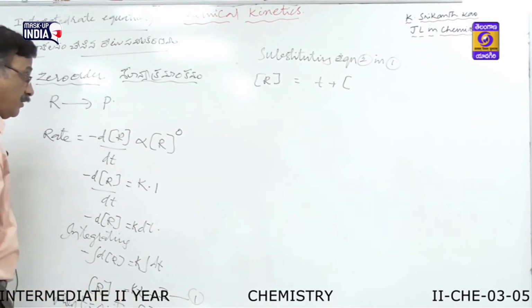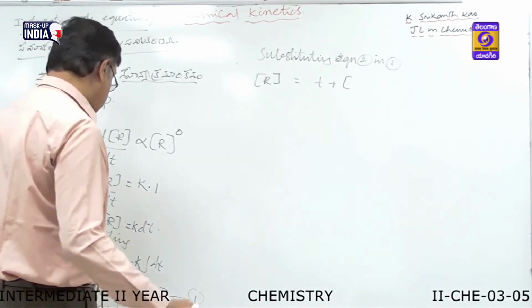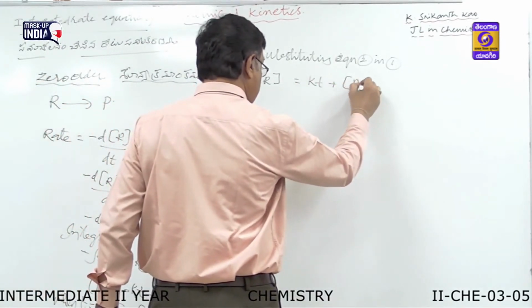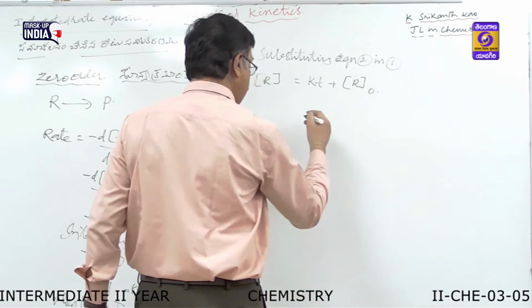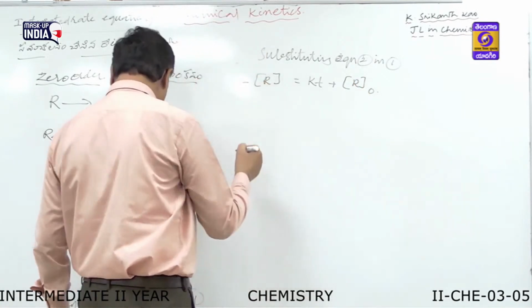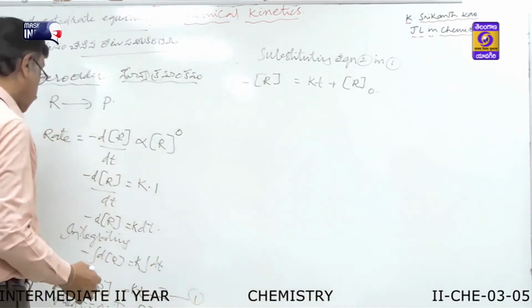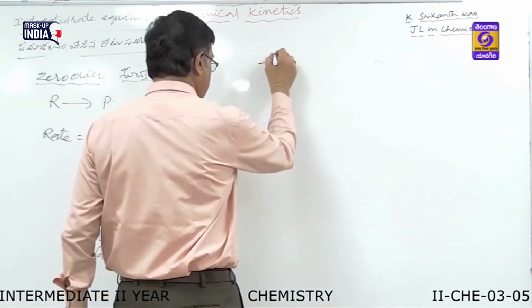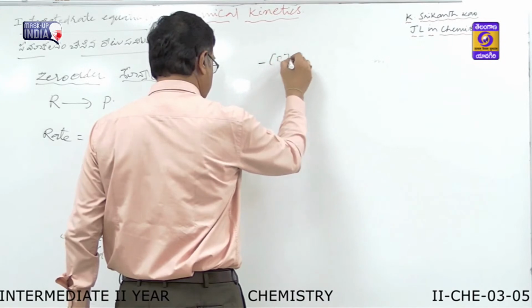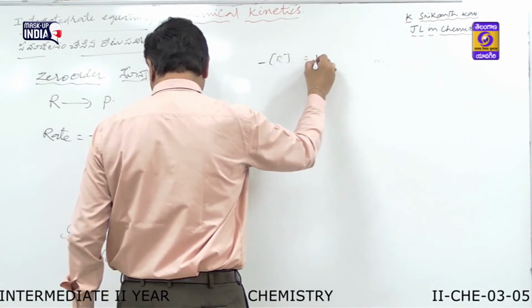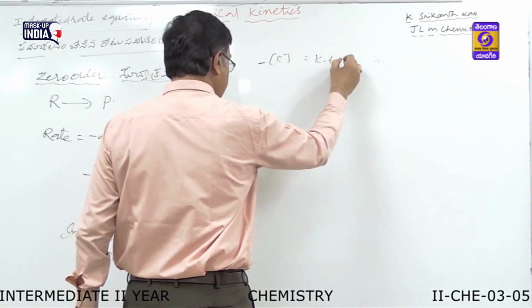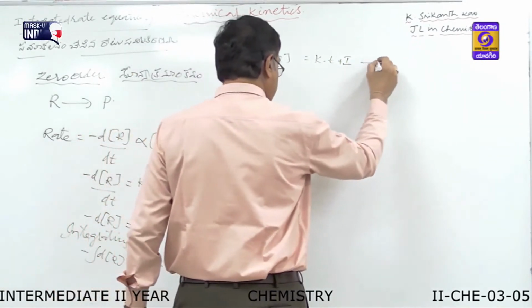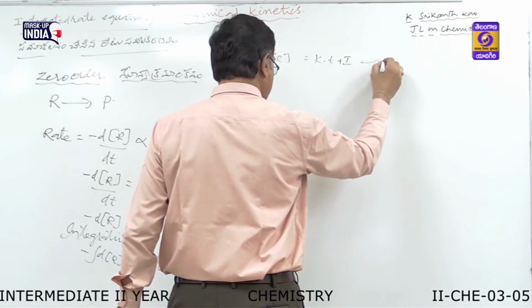So substitute చేస్తే minus R equal to kt plus I, this is equation 1, right?